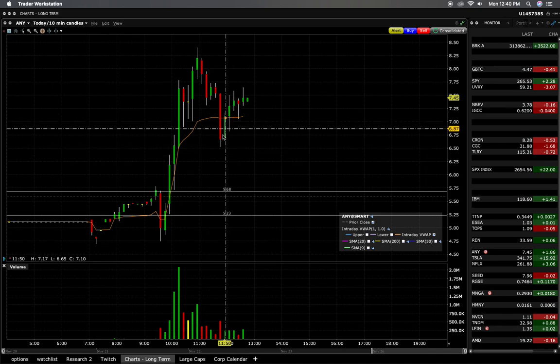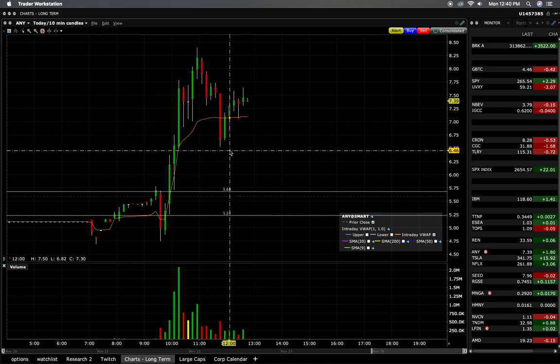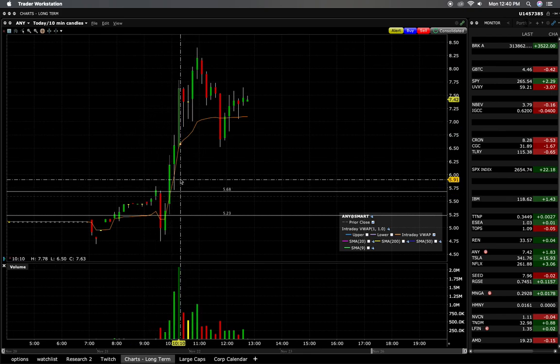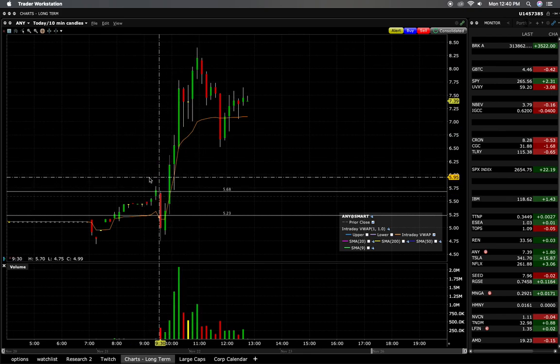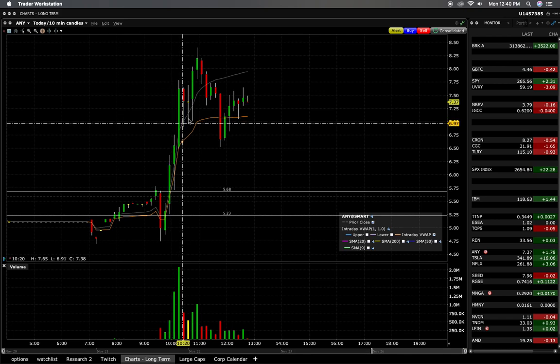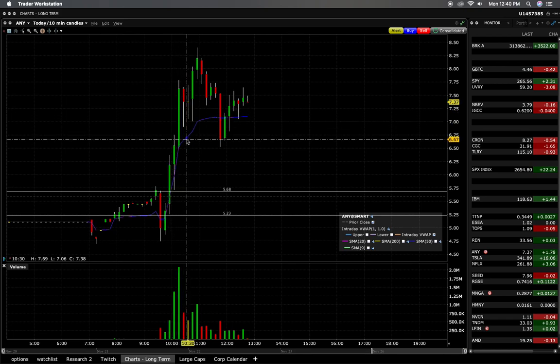Okay, so now let me just explain one thing. When I was discussing ANY this morning, I said float rotation and some other keys to why I would never short ANY today. One of the reasons is float rotation.